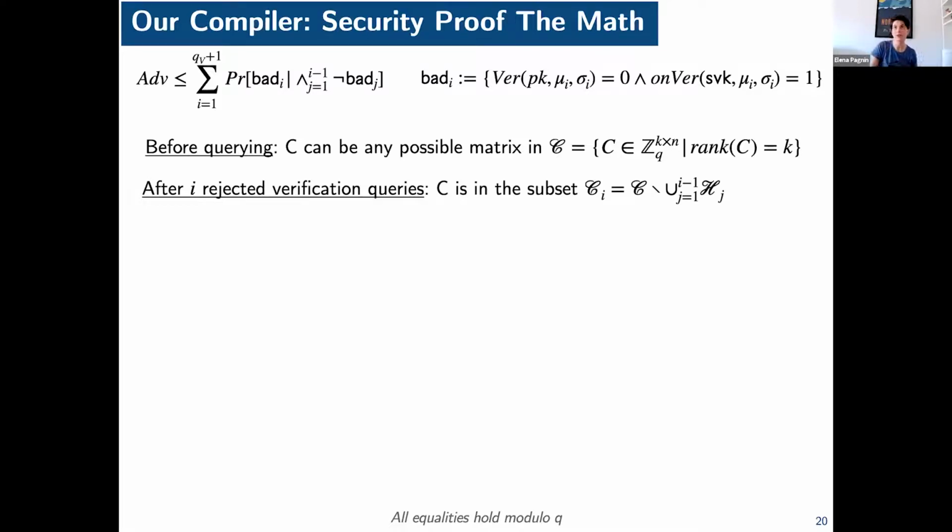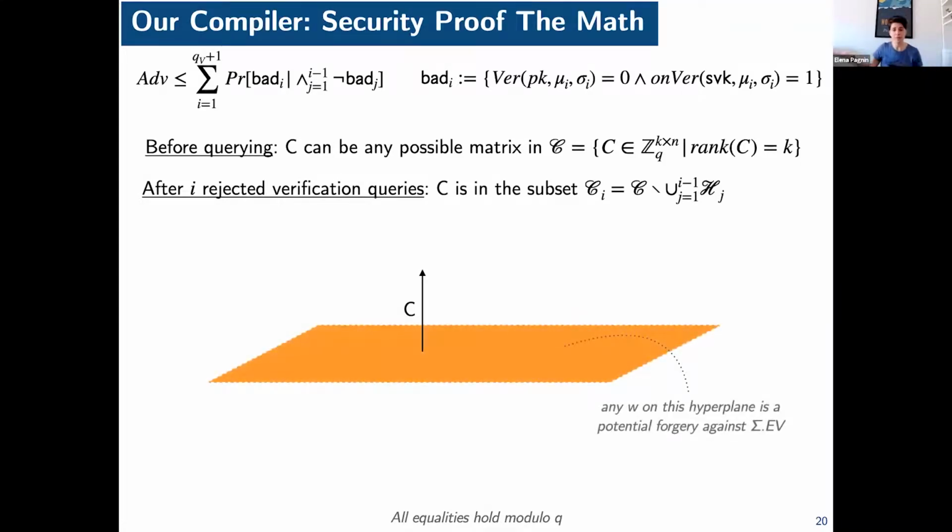These calligraphic H's are essentially hyperplanes. I will explain in a second. Assume with a very big simplification that my C is a vector, then there's going to be a hyperplane of things that are orthogonal to this vector. And these are exactly the vectors on which the adversary does a forgery. But the adversary doesn't know which hyperplane this is, so he will try a W1 and find out that it's rejected.